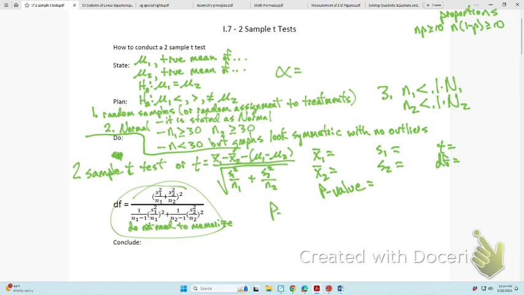Compare the p-value to alpha. Is it smaller or larger than alpha? You're going to end up rejecting or fail to reject. Use context.